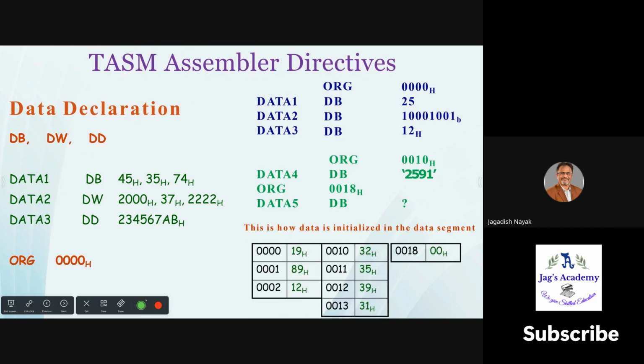Listen carefully. In the programming part, you have actually two sections. One is the data section, another one is the code section, right? Normally, when you write a program, you use data, and then you try to declare the data sets here.